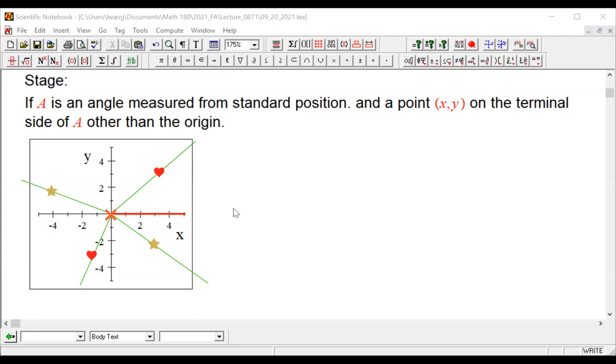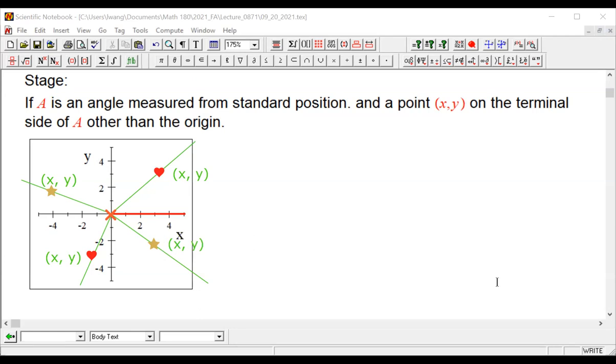Okay. Now, let's read the rest of it. And all of these points, we have a name for them. They have an x coordinate, they have a y coordinate.